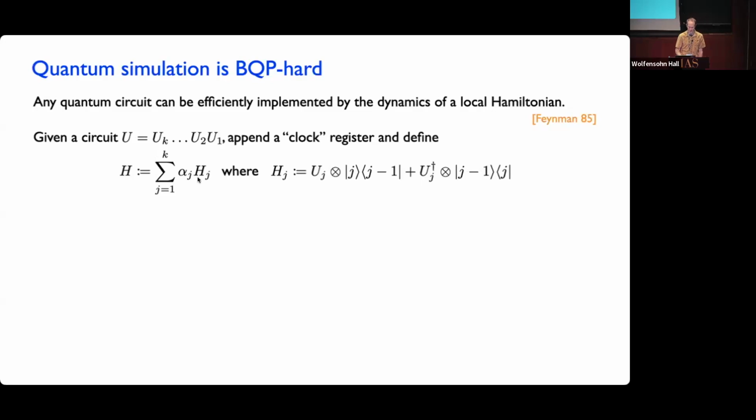But you can sum up all these terms, and maybe you want to have different coefficients for the different terms. There's a technical reason why you don't want to just add them all up, but you want to choose these coefficients carefully. But anyway, that defines a quantum mechanical Hamiltonian where the evolution according to that Hamiltonian will have some correspondence to implementing the quantum circuit.